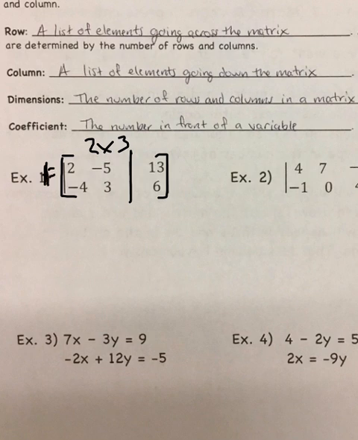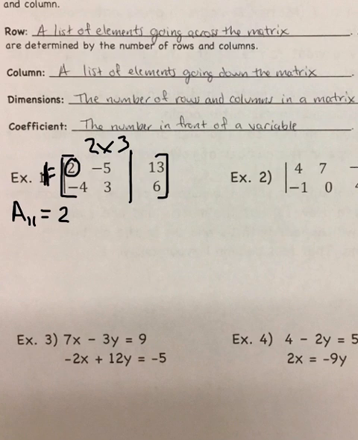This is matrix A. So if I'm asking you to label different elements, I would say in matrix A, tell me what element 1,1 is, which is row 1, column 1. That would be 2.